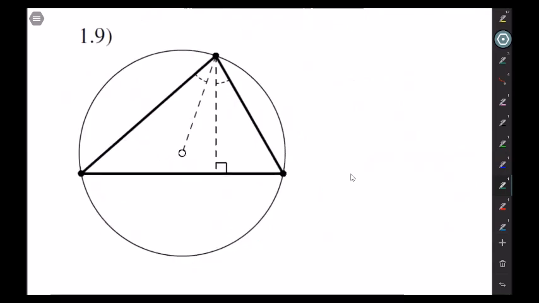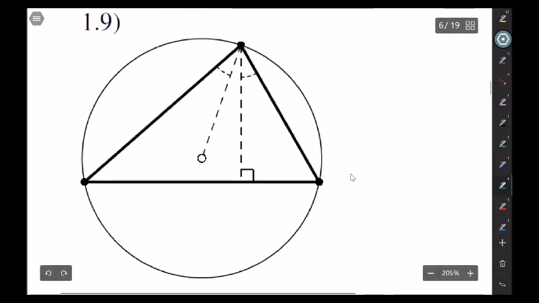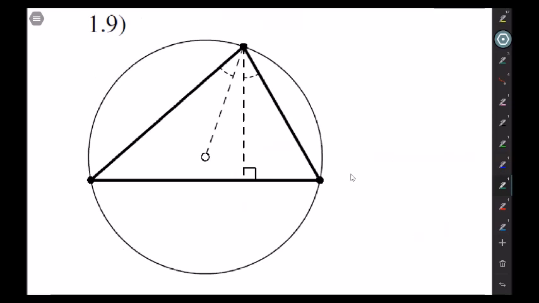How about this one? I need a statement. Yeah, what is the dot in the middle?